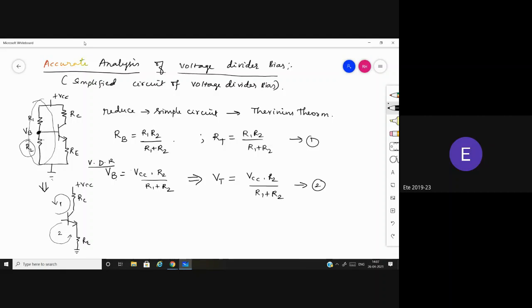So the modified, simpler circuit will be across loop 2, not across loop 1. Because if you connect it across loop 1, it will be a blunder, because you are having plus VCC again in contact with this. That will be just like having two series voltage supplies.